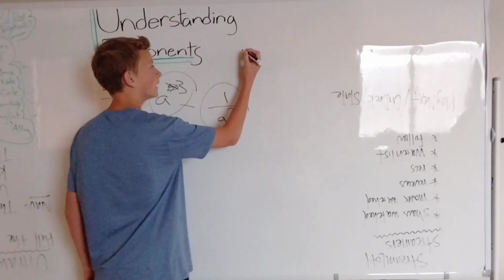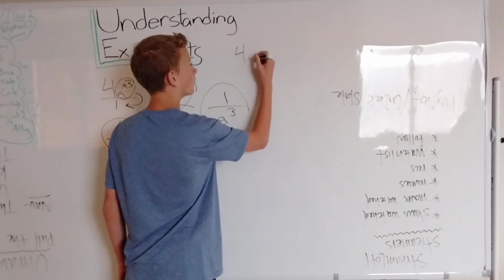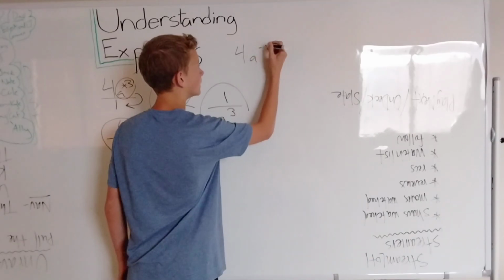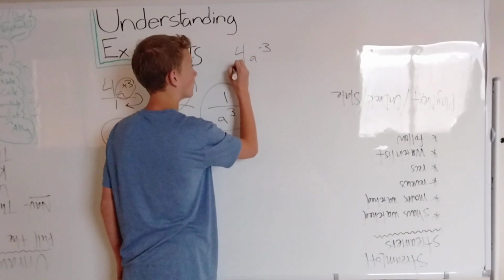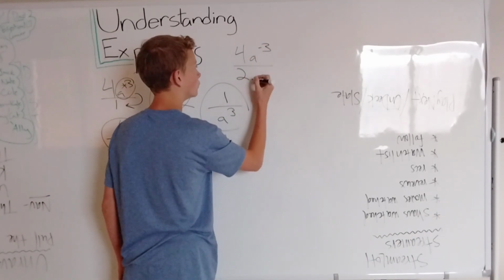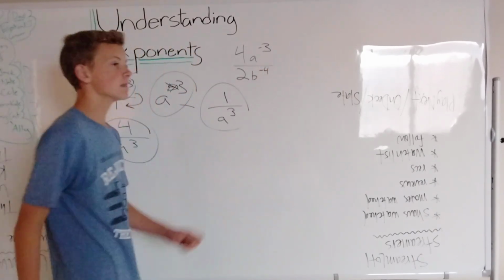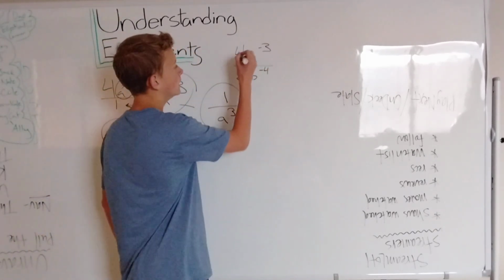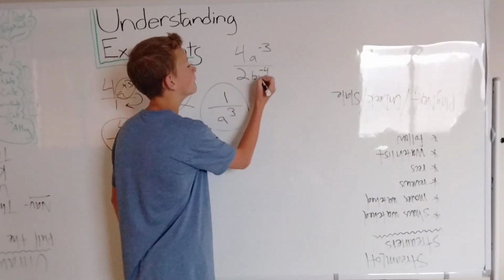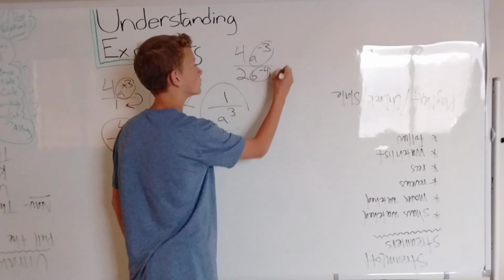So let's say we have 4a to the negative 3 over 2 times b to the negative 4. So we have this problem right here. These are going to stay, but this and this, they're going to switch.